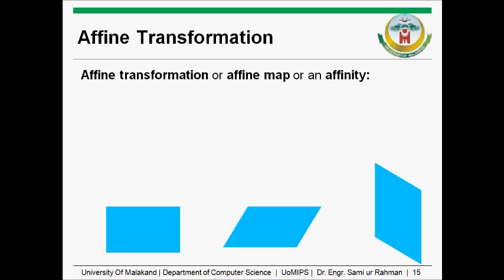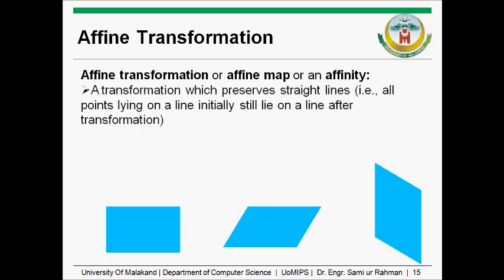Okay, but then there are some aspects which remain constant. For example, in affine transformation, the parallelism of the lines remains the same. The parallel lines in an object remain parallel after transformation.